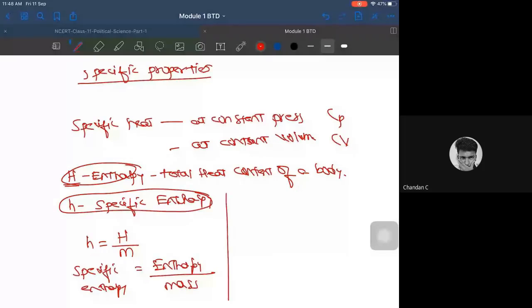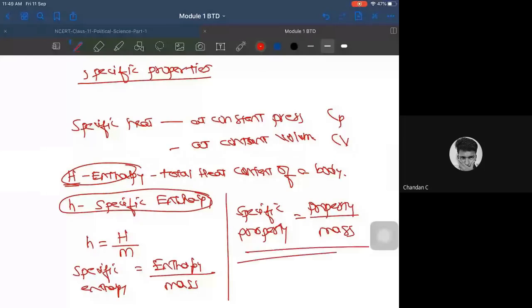To generalize this particular statement, any specific property can be calculated by its property divided by mass. To form a conclusion, specific properties are those properties which are expressed per unit mass basis.